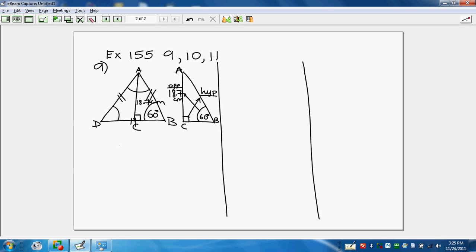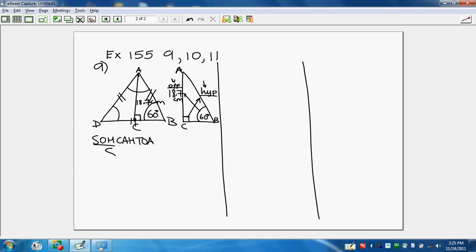Which ratio out of sine, cosine, and tan connects opposite and hypotenuse? If we evaluate SOH CAH TOA, the acronym that helps us remember the ratios, we'll see that the SOH component, which is sine, opposite over hypotenuse, is the only one that relates opposite and hypotenuse. So we'll use that one.